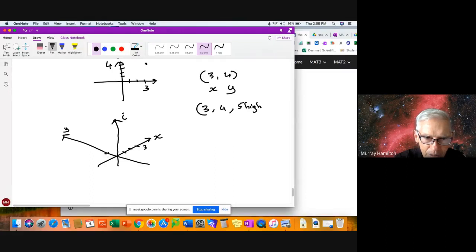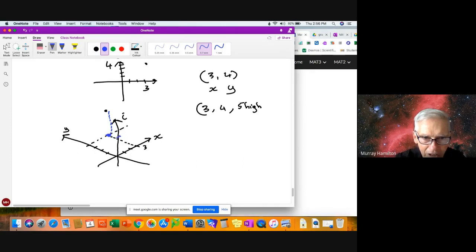I could go 1, 2, 3, 4 here. So it meets at this point here. But then I'm going to go up 5. 1, 2, 3, 4, 5. And it's 5i there. So this point is directly above this point here.